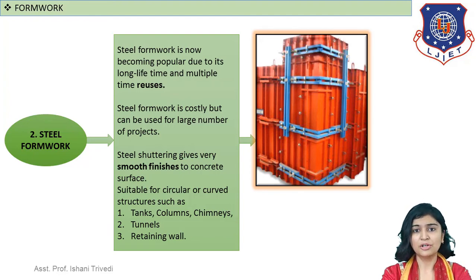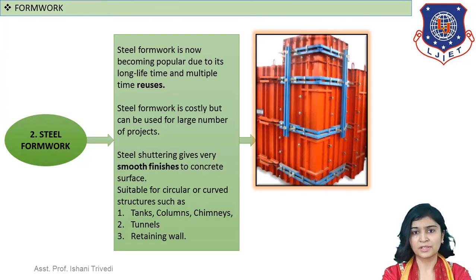So the number of reuses is more for steel formwork. Let us say if you are constructing a G+15 structure, then obviously you shall prefer the formwork which can be reused more.